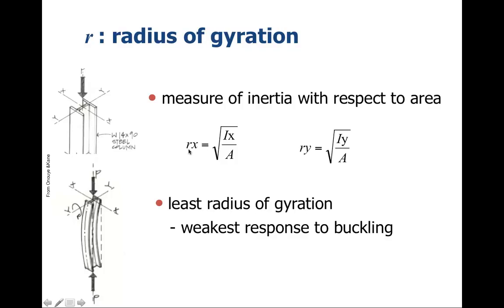So we have r sub x equal to the square root of I sub x over A, and r sub y equal to the square root of I sub y over A. So the least radius of gyration represents the weakest response to buckling, or the place that buckling is most likely to occur.